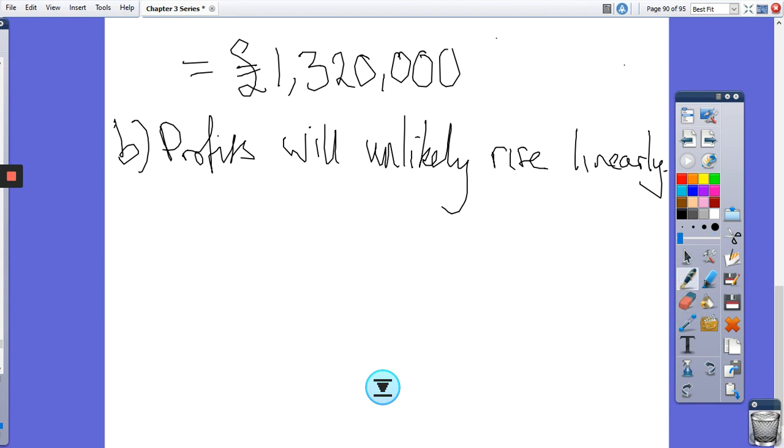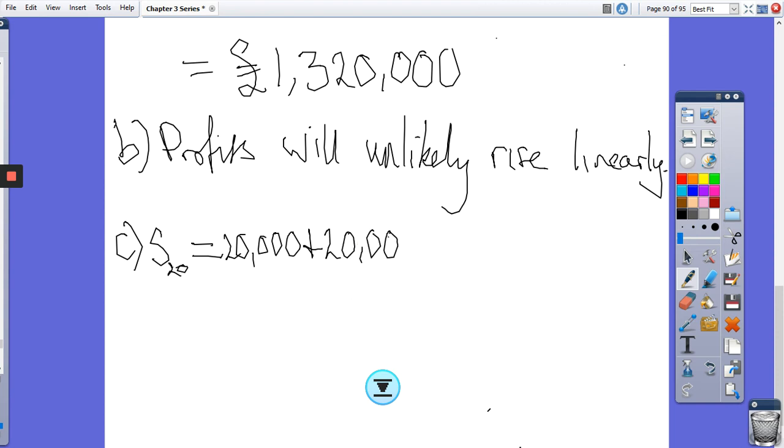Let's put this one in. If we're looking at the sum of the first 20 terms, let's just look at how the series starts off. So we start off with 20,000 plus 20,000 times 1.05, because that's going to go up by 5%.